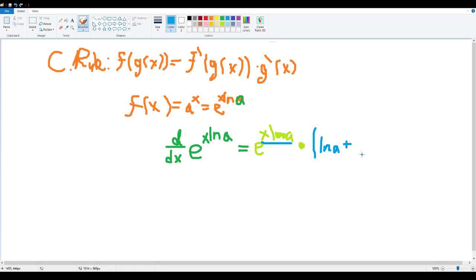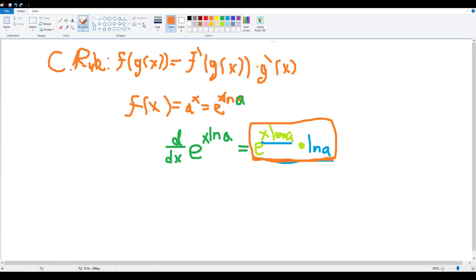Actually, we didn't even need the product rule. I don't know what I was thinking there. I did that x to the x video and I kept thinking a is not a constant, but a is a constant, so actually we already know that it's just ln a times the derivative of x, which is 1. So we have e to the x ln a times ln a. And yeah, that is the formula. So we've successfully derived the formula.